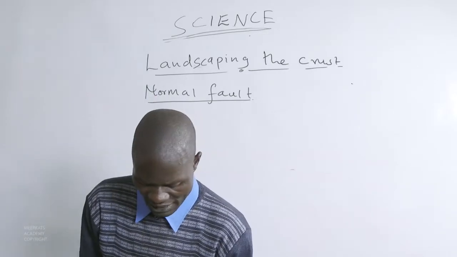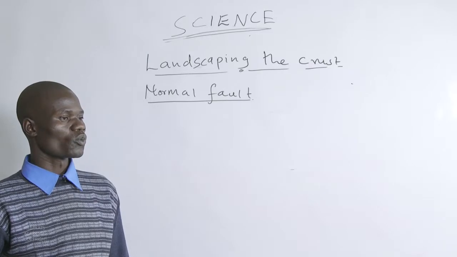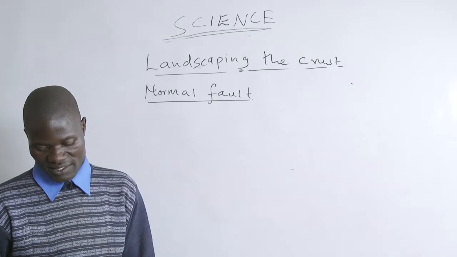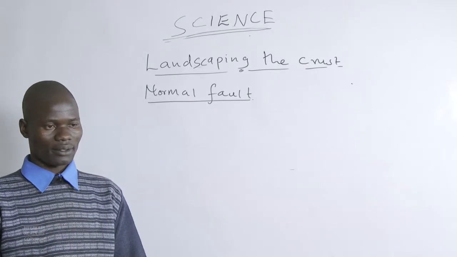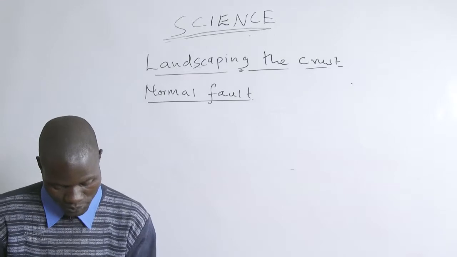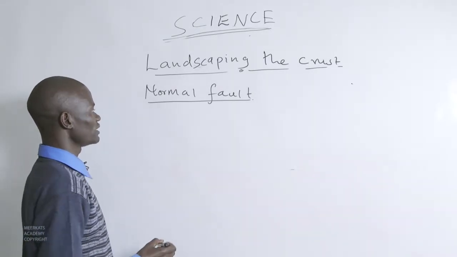Normal faults are formed roughly vertically when the crustal rocks are subjected to equal forces, producing what we call a compressional fault.